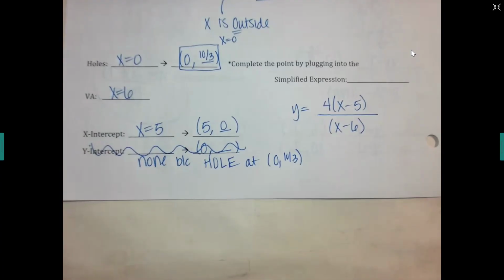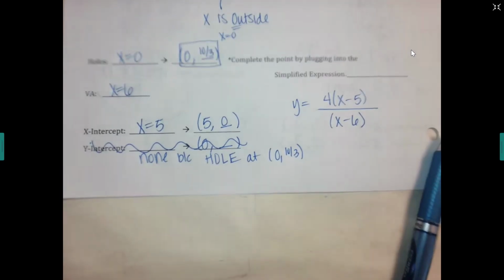So it doesn't actually count as a y-intercept, because that point doesn't count on the graph. If you have a hole, that can't also be an x or a y-intercept because that point doesn't count on the graph. Okay? All right, so I think we'll do maybe one off the homework together and then you'll have the rest of the class to work.